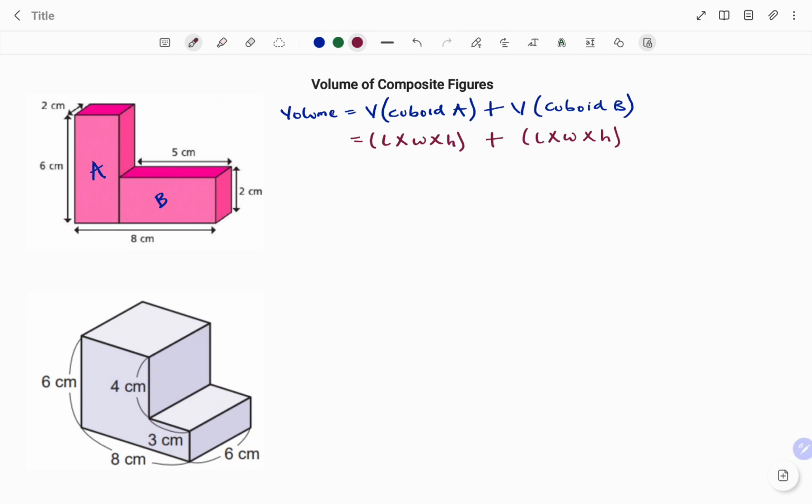Going back to my diagram, in the first cuboid A, I have my height as shown to be 6, so I have that as my h. I have my width to be 2 centimeters, that's w, and then to find my length, I have my length running from here to here.